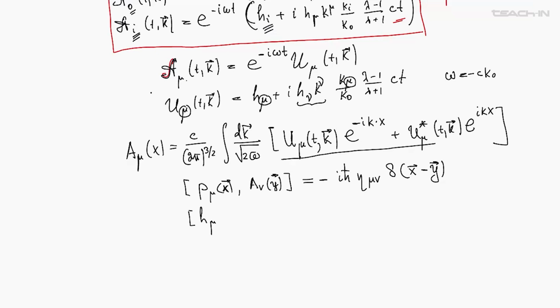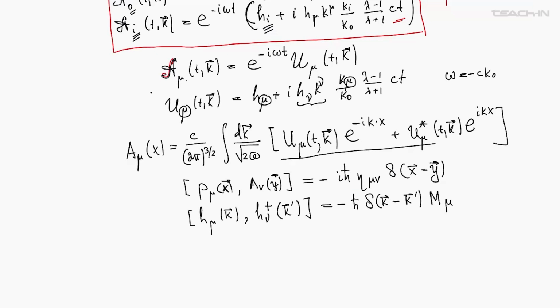And you will find the following commutation relations between these modes, between these h's. It turns out that it's a nice expression where you have delta of K minus K prime, multiplied with the matrix M mu nu, where this matrix M mu nu has the following structure.